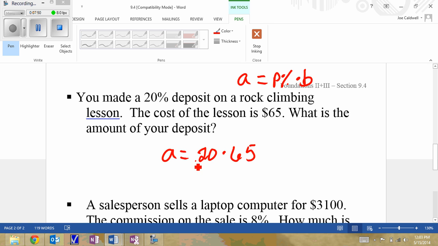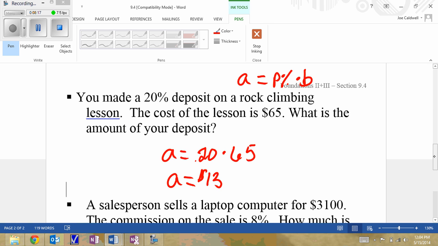We just need to multiply 0.2 by 65, which would give us A equals, doing the math here, 0.2 times 65, $13. So if the store made you put down a 20% deposit, then you would need to pay $13 of that 65 in order to meet their requirements.